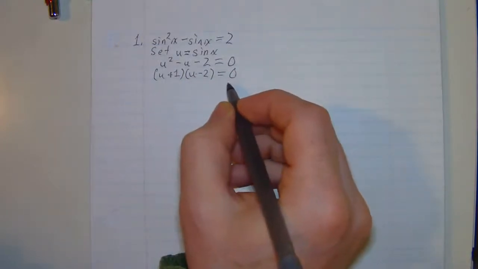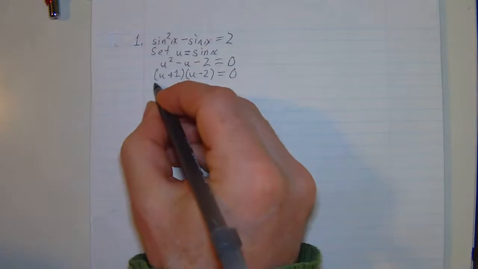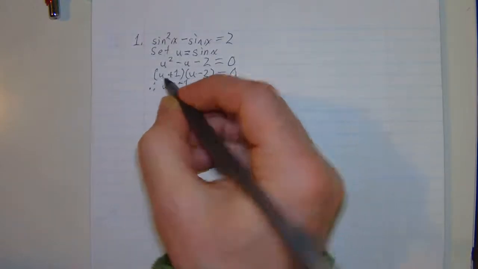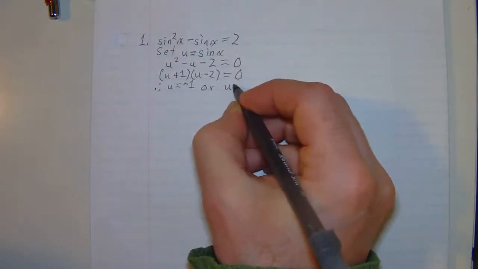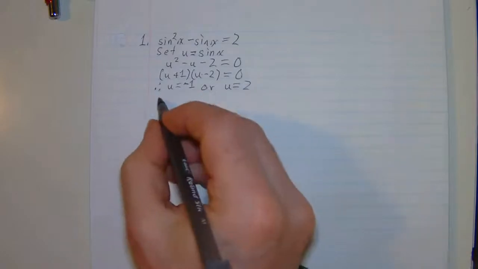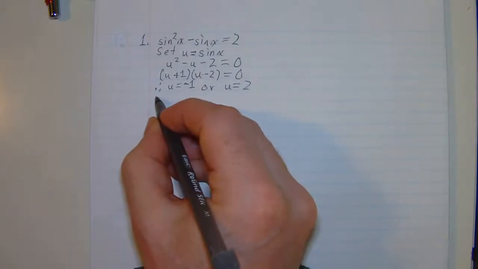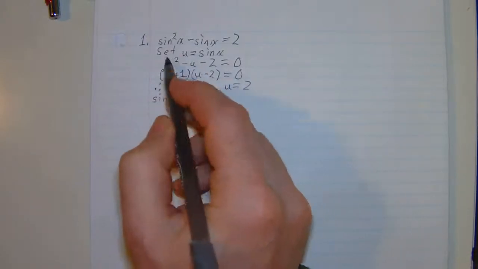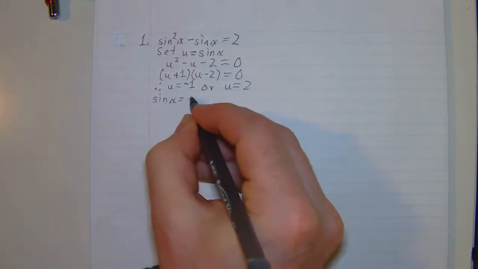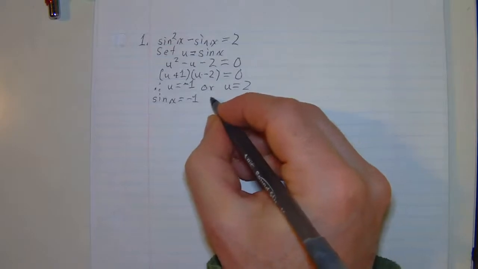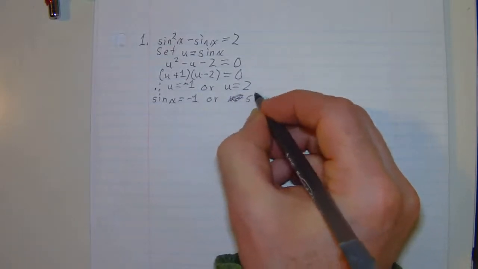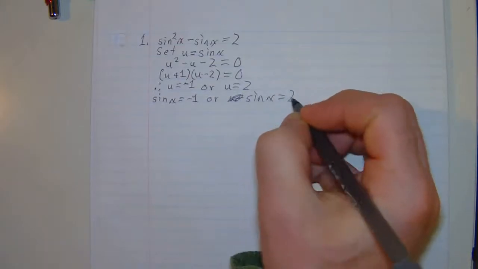And so we have this factorization, and we know that therefore u equals -1 from the first factor, or u equals +2 from the second factor. And at this point, we can go back and undo the substitution that we did and set the u's back to sine x's.